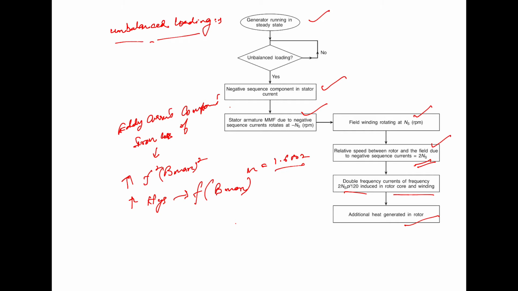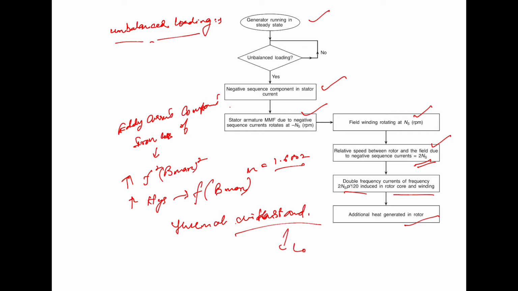Now, if the stator carries the unbalanced current, then it is the rotor which is overheated. How long the generator can be allowed to run under the unbalanced loading depends upon the thermal withstand capacity of the machine, which in turn depends upon the type of cooling which is adopted.